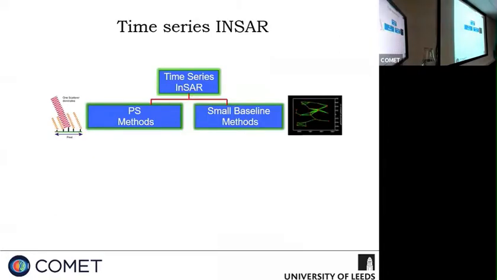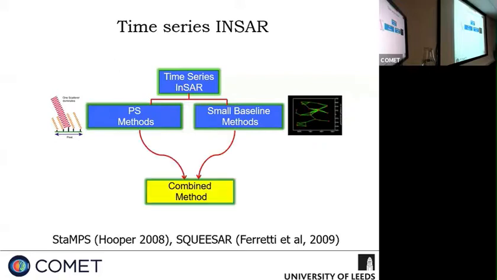So, like I said, small baseline and PS methods. There's a bit of overlap between selected pixels, but there's also a lot of pixels that are uniquely selected by each method. So the natural thing would be to come up with combined methods. So there's the SatSense combined method. Another well-known method is InSAR. I won't get into that, but read the paper if you want.